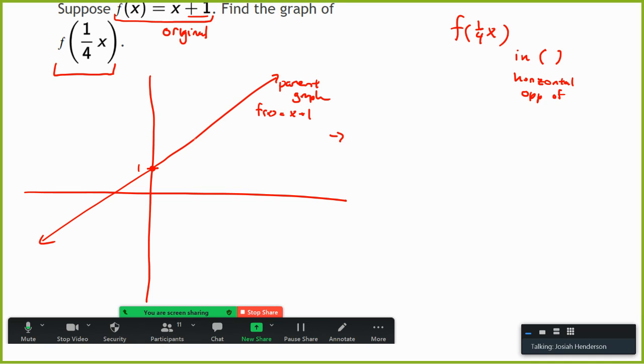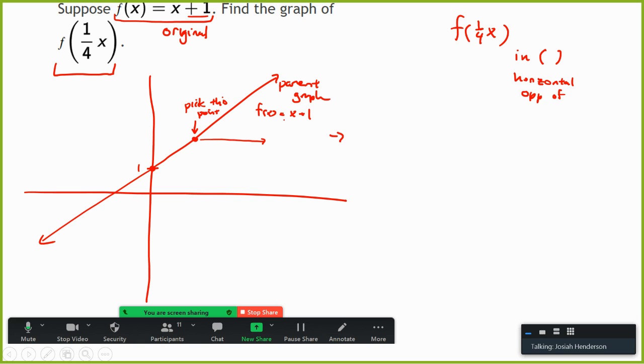So for example, let's pick this spot, this point. Because of the 1/4 x, this spot is going to go out 4 times farther than it is now.